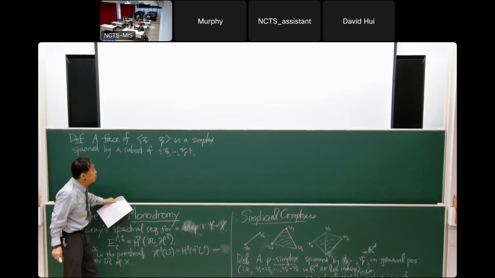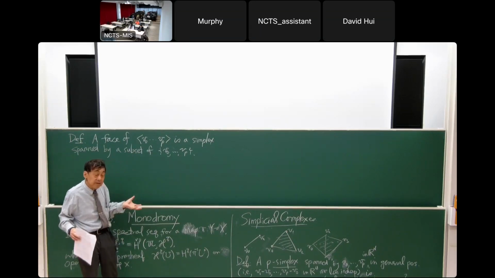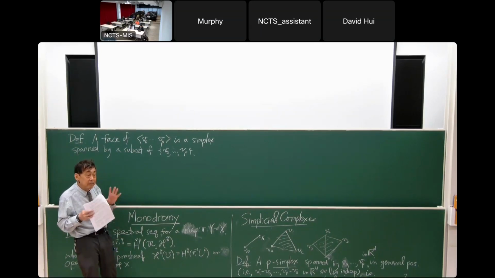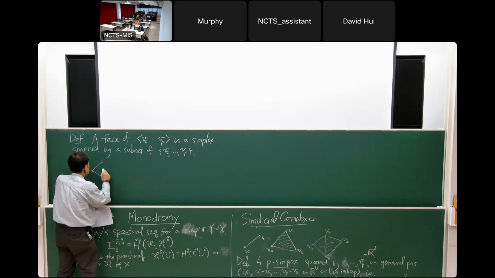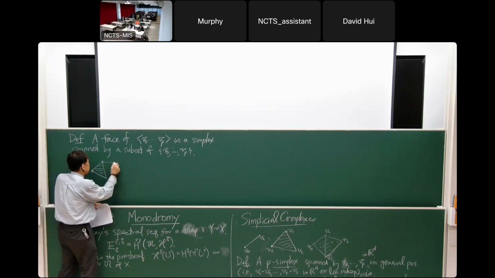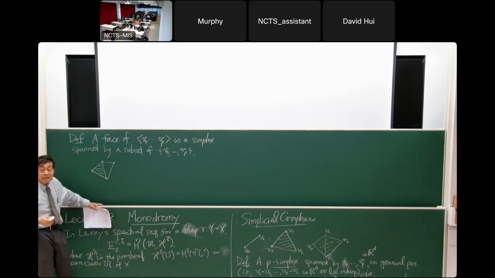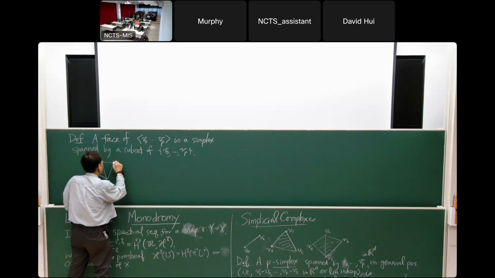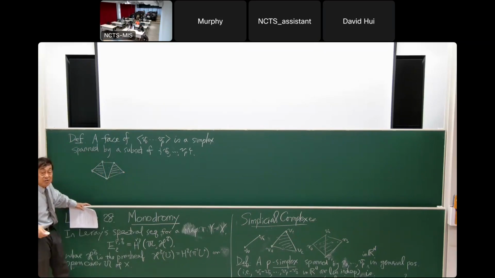Okay, and then a simplicial complex is just a collection of simplices so that they intersect in a nice way. So that's one simplex, and that's another simplex, but they have to intersect in a face. So that's an example of a simplicial complex.